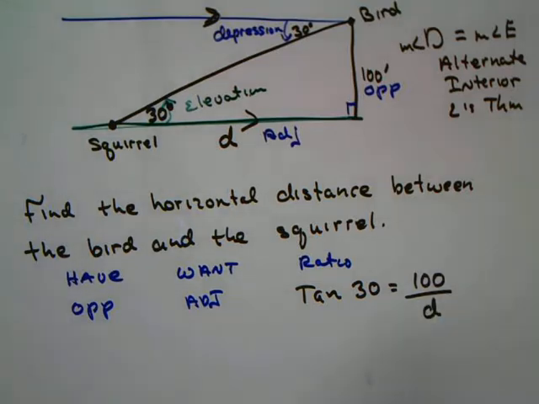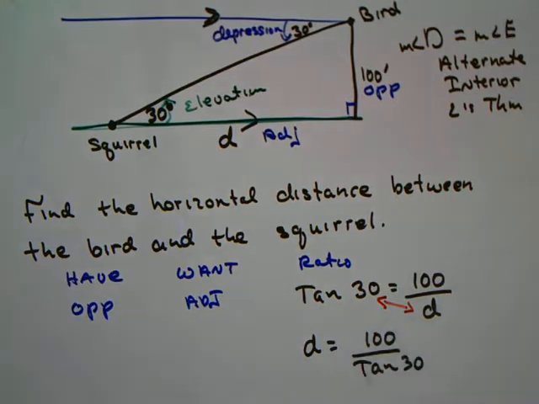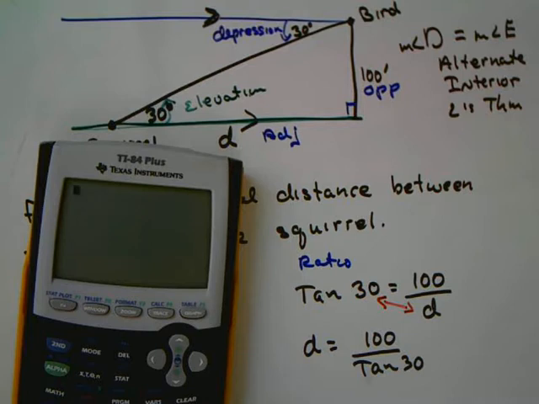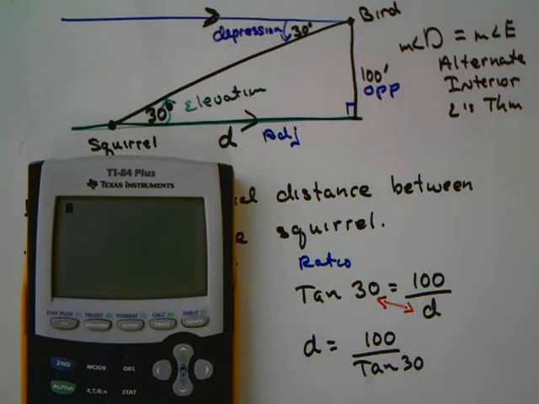Recall, if I multiplied by D and divided by tangent of 30, these two numbers are going to trade places. So D equals 100 over the tangent of 30. Well, I come right over here and I say 100 divided by the tangent of 30.